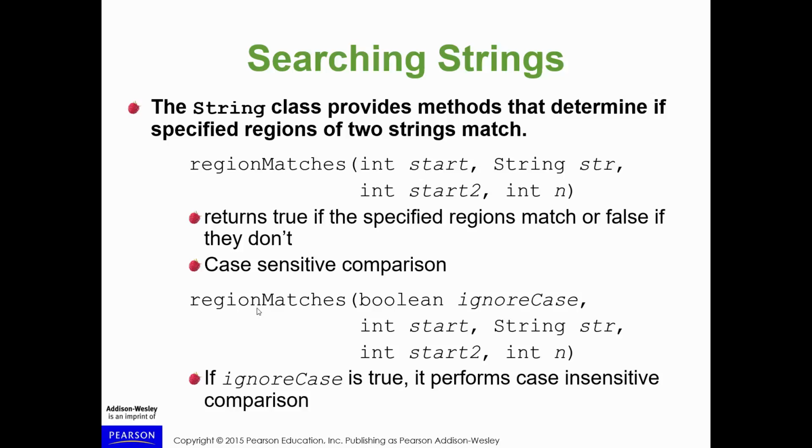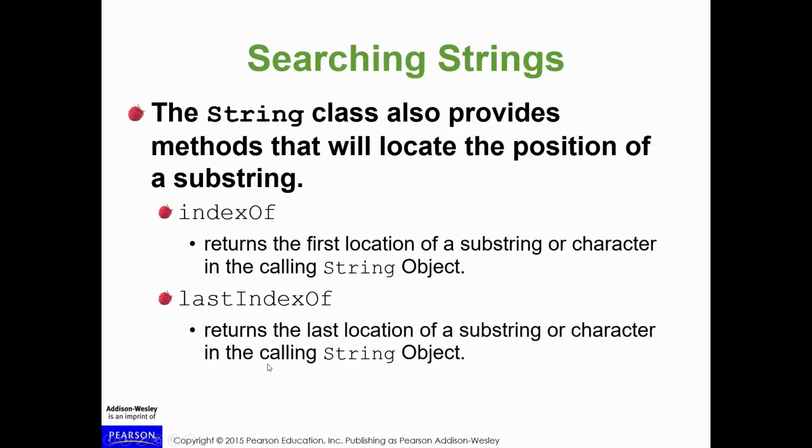Let's say you had a list of people's names, and you wanted to find out how many people either had a middle initial that was a vowel, A, E, I, O, U, or Y, let's say, or didn't have a middle initial at all. So you could compare things using regions, for example. You'll notice that this has an ignore case. Many of these string functions have an ignore case, because most of the time when you're looking through something, there's a chance whatever you're looking through could hold uppercase or lowercase or both.